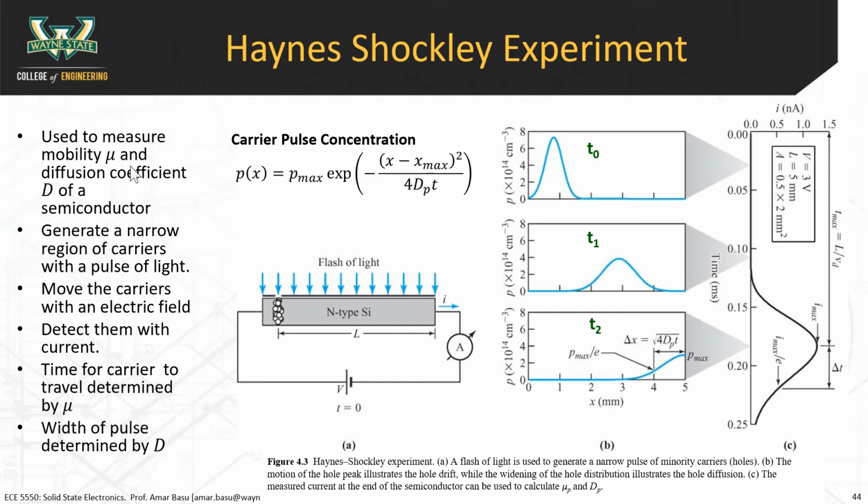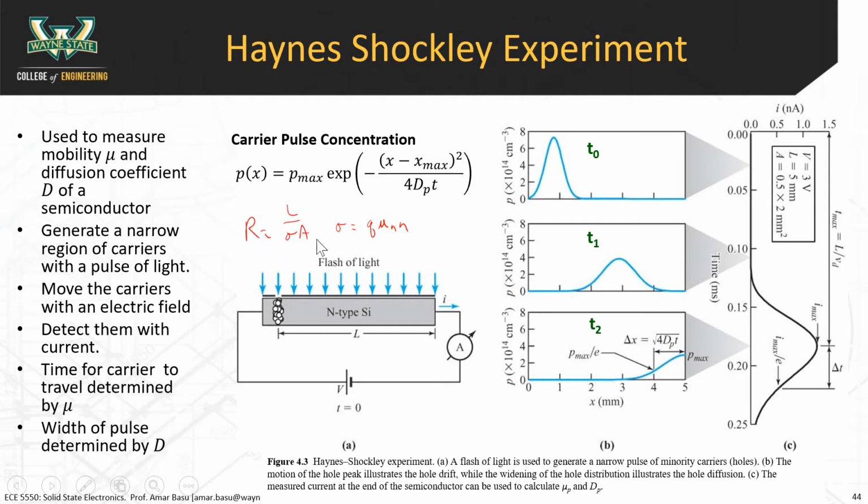If you remember from the last module, the resistance R equals L over sigma A. And then sigma, for an N-type semiconductor, is q mu_n times N. If it was a P-type semiconductor, it'd be q mu_p times P. So if you have a semiconductor in front of you and you know the doping, so you know what N is, and you measure the resistance of a semiconductor block with known dimensions, so you know L and A, you can calculate sigma.